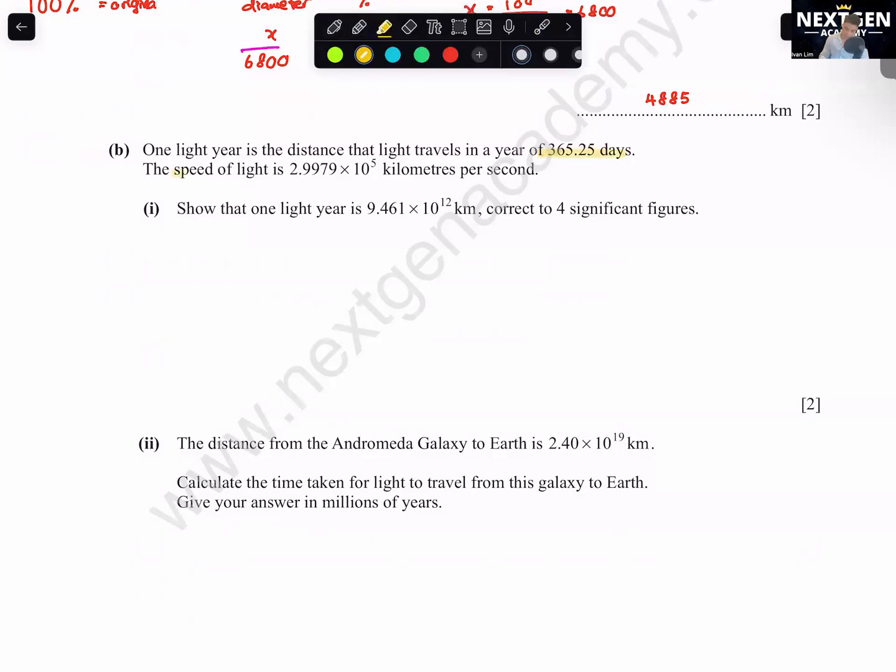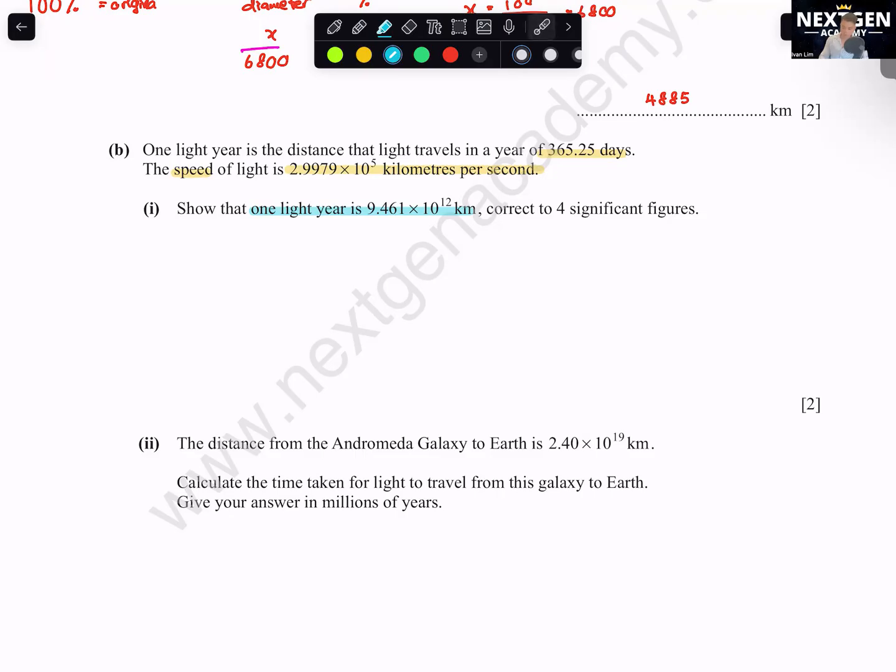The speed of light is 2.9979 times 10 to the power of 5 kilometers per second. This is a 2-mark question. They say, show that 1 light year is 9.461 times 10 to the power of 12 km, correct to 4 significant figures. Okay, what are they asking us to find?